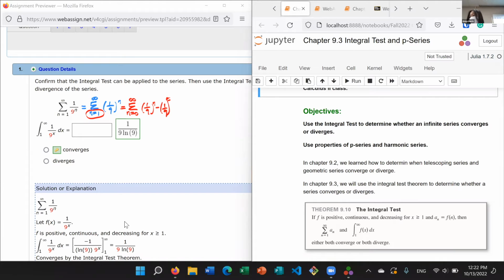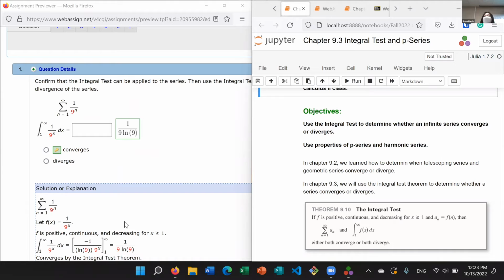You say A is 1, R is equal to 1/9. So what's your sum? A over 1 minus R. In this case, you also need to do this part, which is minus 1/9 to the 0, which is the same as 1. So it'll be 1 over 1 minus 1/9, minus 1. Whatever that is, that's your answer.